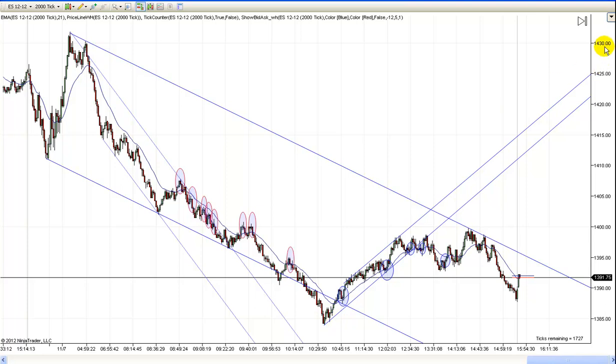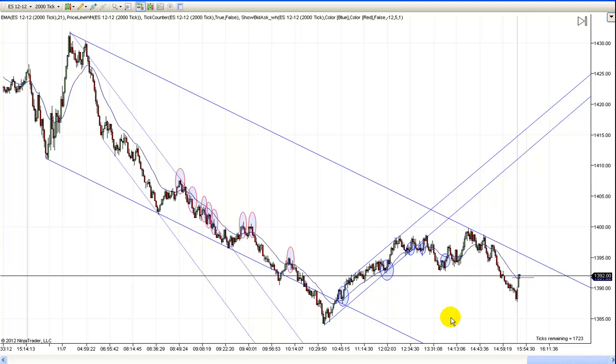I don't know what I said a minute ago. It seemed like I said 1330, but we were up here at 1430, and we sold off all the way to 1384 or so. So that's 40 plus points, 45 points or so that we sell off right there, and that is huge. That is a massive sell off.